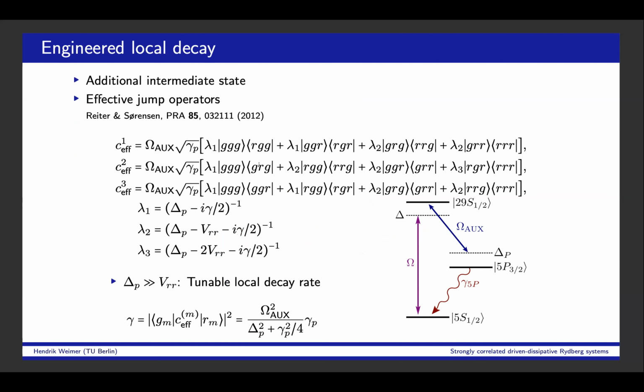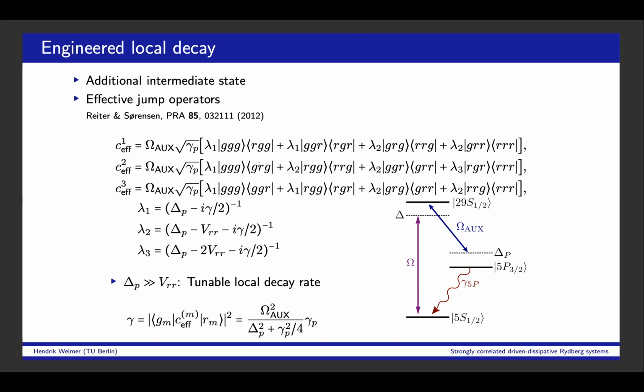by doing something that several people already do experimentally. You add an additional intermediate state. Here this is a 5p 3/2 excited state. This is not a Rydberg state, but you can couple this to an S state just by an additional laser field. And if you set your conditions right, then you have to solve out all these effective jump operators.